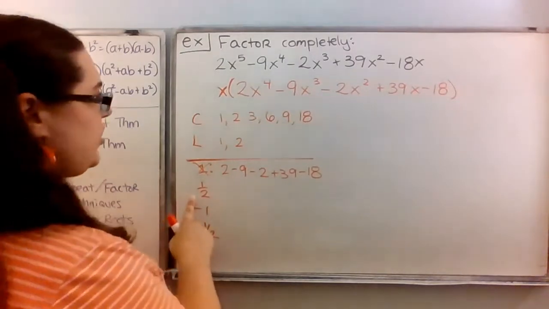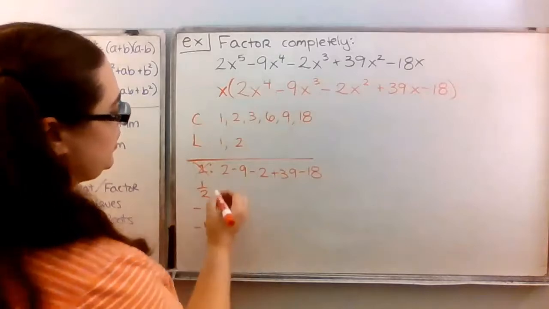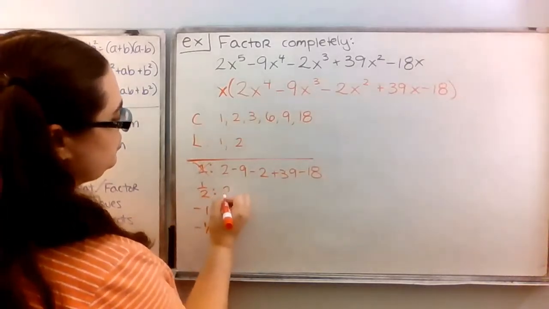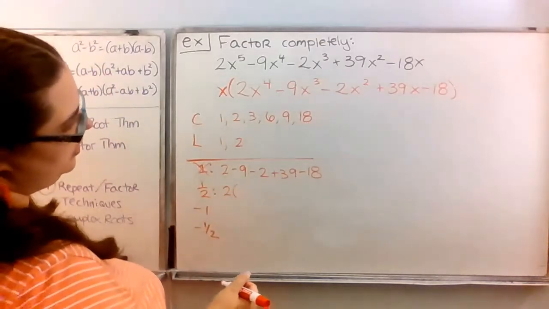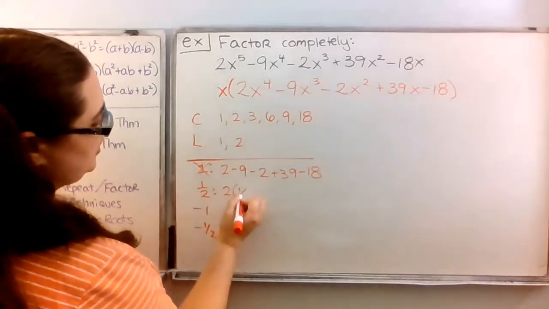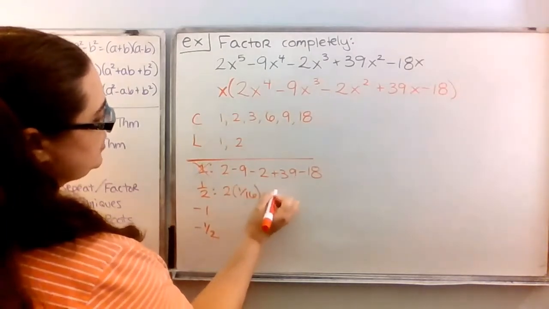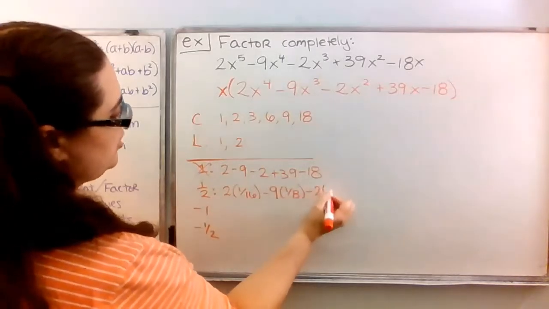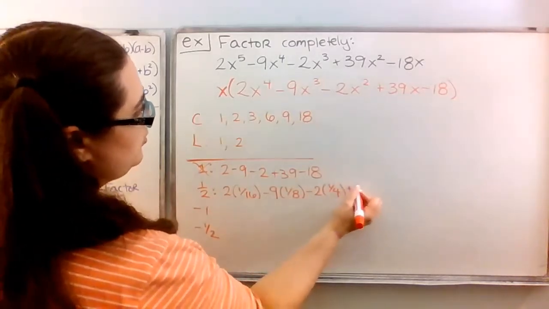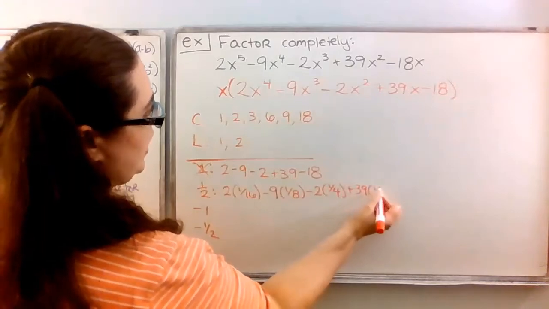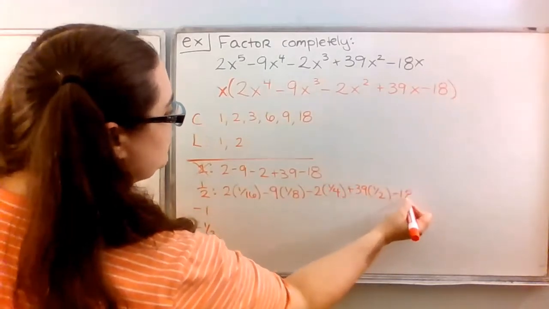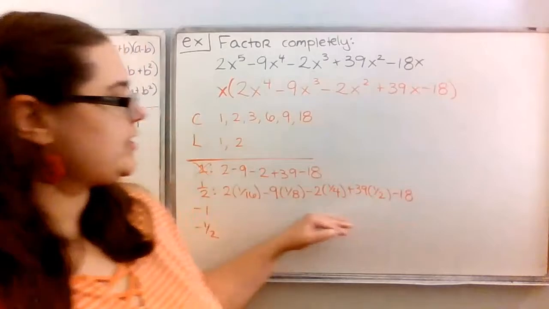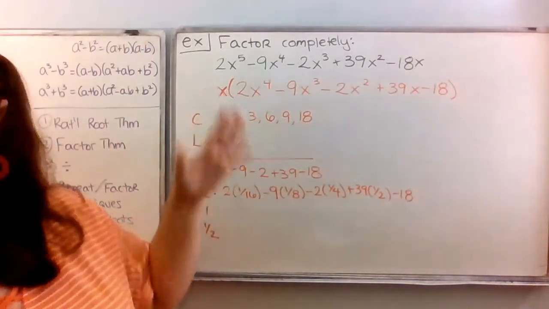1/2. Okay, so we're going to get 2 times 1/16 minus 9 times 1/8 minus 2 times 1/4 plus 39 times 1/2 minus 18. So I'm getting these by raising 1/2 to each of those powers.